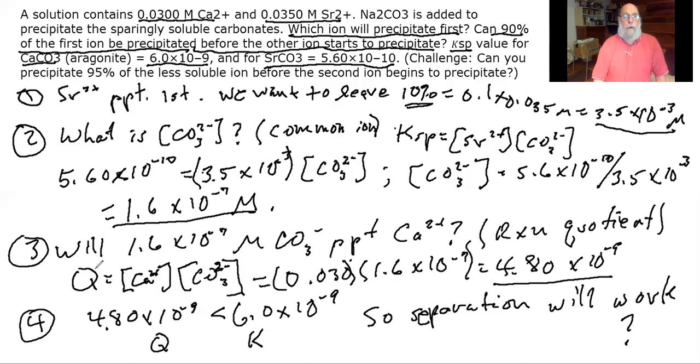And then we calculate the reaction quotient Q, given our initial calcium, which should still be in solution, and our carbonate, which we have just calculated, and then compare that Q value to the KSP for the calcium carbonate. And so technically that is less, but not by a lot. So the separation may or may not work, but technically it's perhaps worth a try.